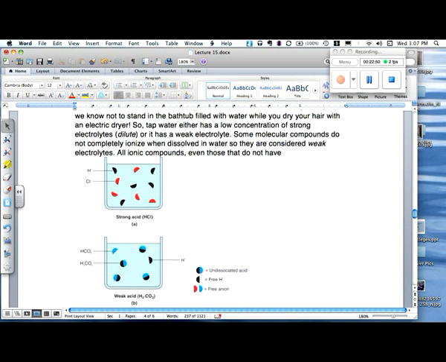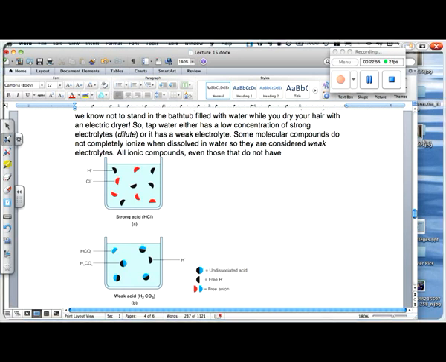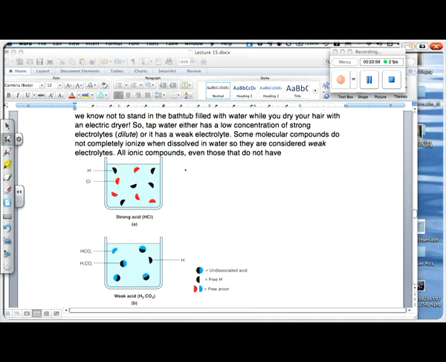HCl, like we mentioned before, a strong acid, is a strong electrolyte. And what that means is before HCl was dissolved, these 2 particles were together. After it dissolves in water and it ionizes, every single one of these HCl molecules breaks apart.